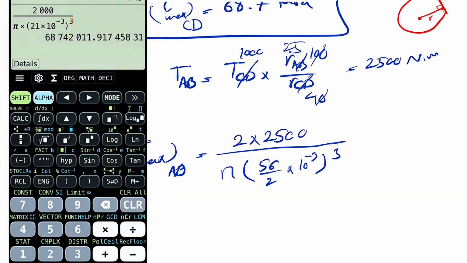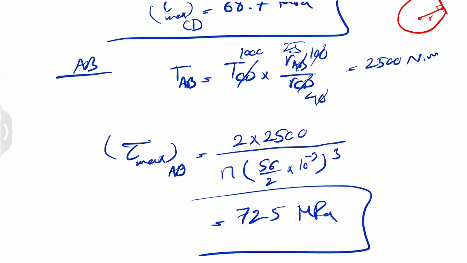And let's see what we get in here. So at the top we have 5000, and here you have 56 divided by 2, or 28. And yeah, that's going to give us 72.5 megapascal as the maximum shearing stress for member AB, or the shaft AB.